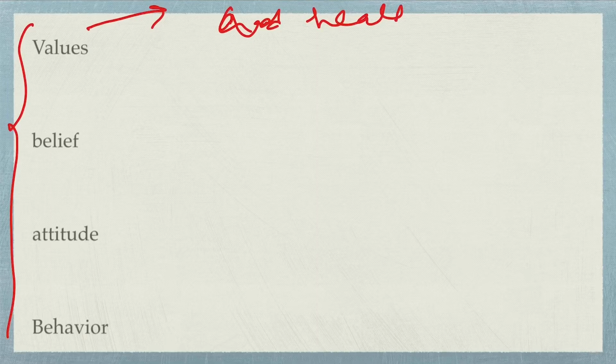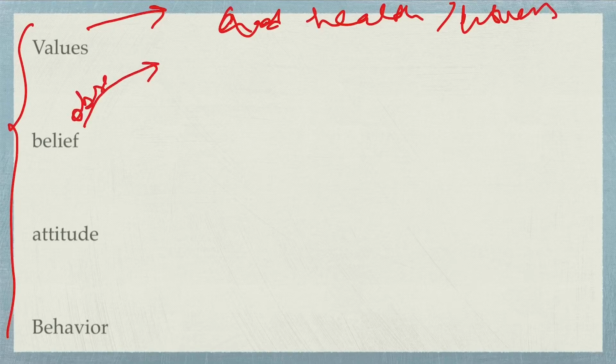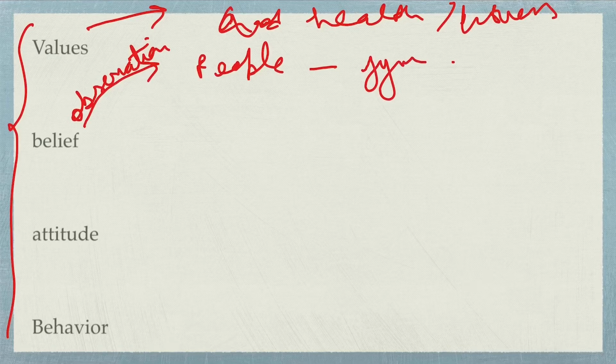Firstly, values. Now consider someone values good health or fitness, because he gives importance to these factors. Now, belief. He has some belief by observation that people who go to the gym regularly have good health or good fitness.